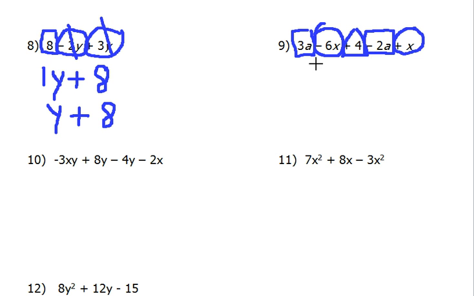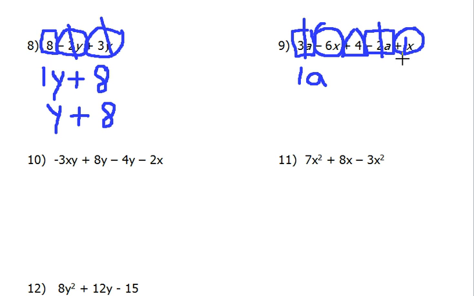These two are alike. So in my calculator, I would punch 3 minus 2, and I would get 1. So that's 1A. I'm going to cross those out. Here, I would punch in my calculator, since this is the first number I'm punching and it's got a minus sign in front, I would have to punch -6 plus, and again, there's a 1 in front of this X that we don't see.